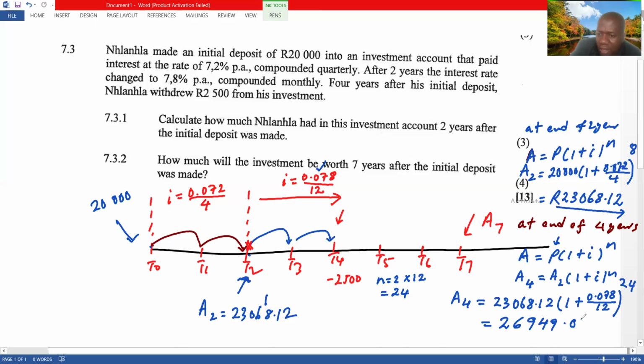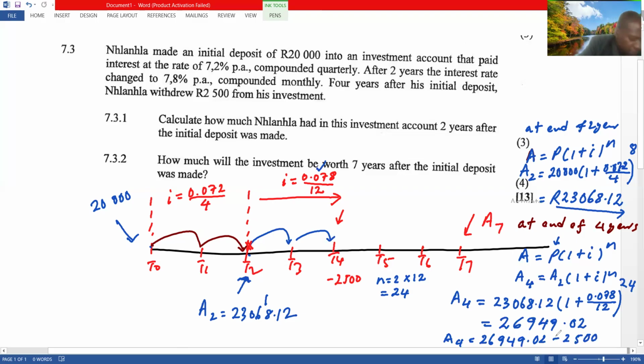Then now this amount is the value of his investment at the end of 4 years before he made a withdrawal of 2,500. So now at the end of 4 years, the amount will be 26,949 rand 2 cents minus the 2,500 which was withdrawn.